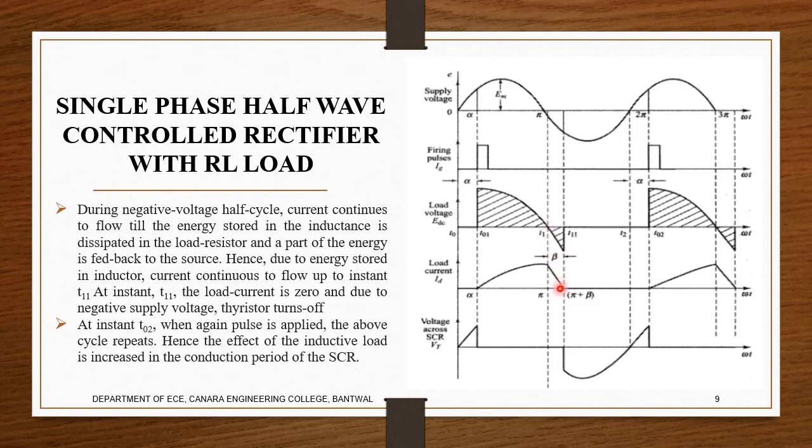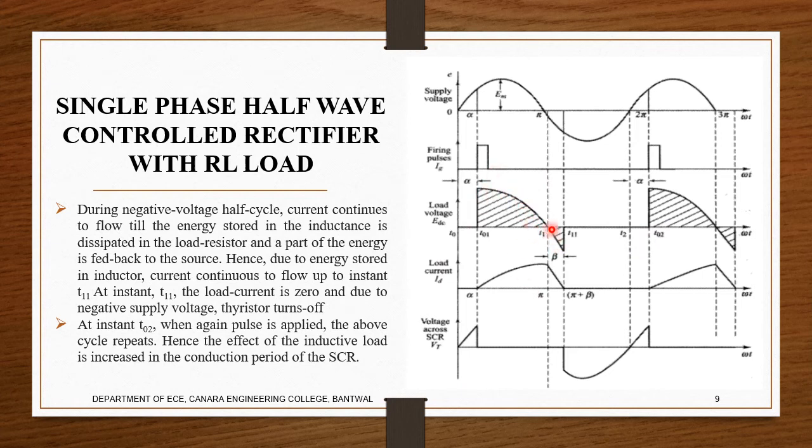Due to the energy stored in the inductor, the current continues to flow up to the instant T11, and at the instant T11 the load current is 0, and due to the negative half supply voltage the thyristor turns off. So it is the extra time which will be taken for the thyristor to turn off. At instant T02, when the pulse is applied again, the above cycle repeats. So what is happening here?